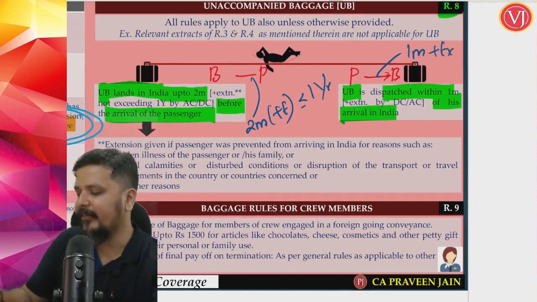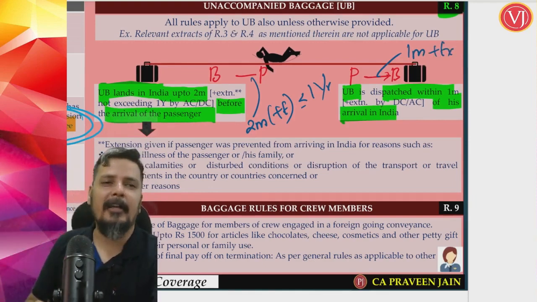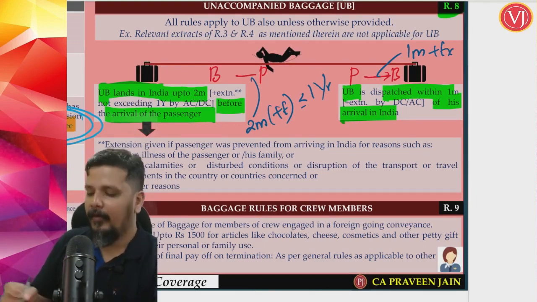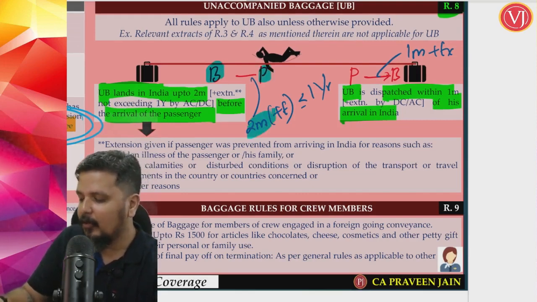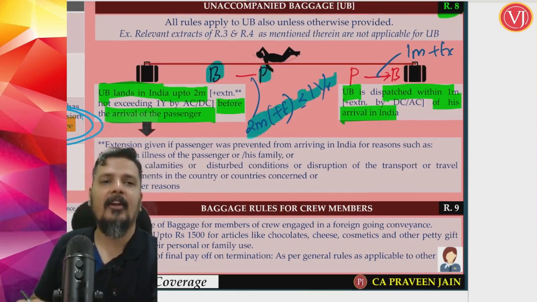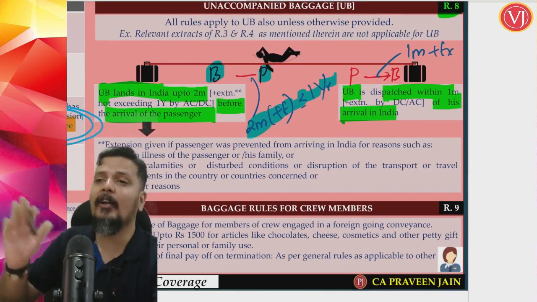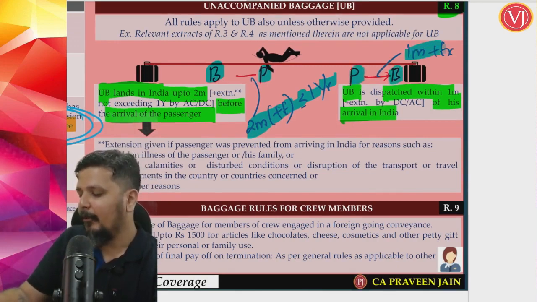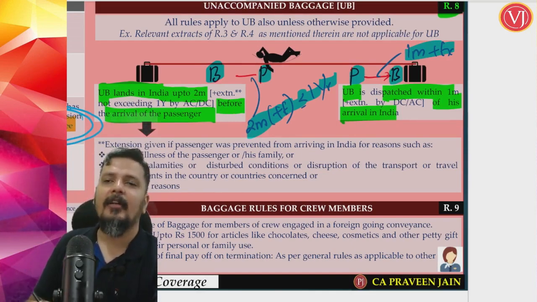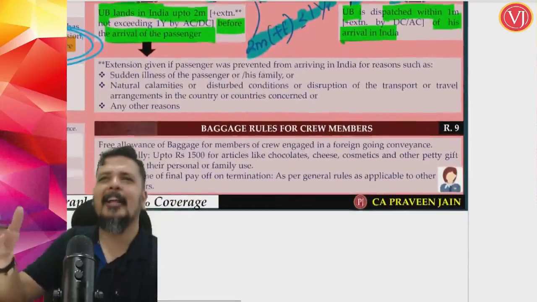Obviously, they talk about extension, but there is no upper limit. For first baggage, then passenger, it is 2 months plus extension, not more than 1 year in total. For first passenger, then baggage, it should come within 1 month plus extension, which can be asked for any reason.